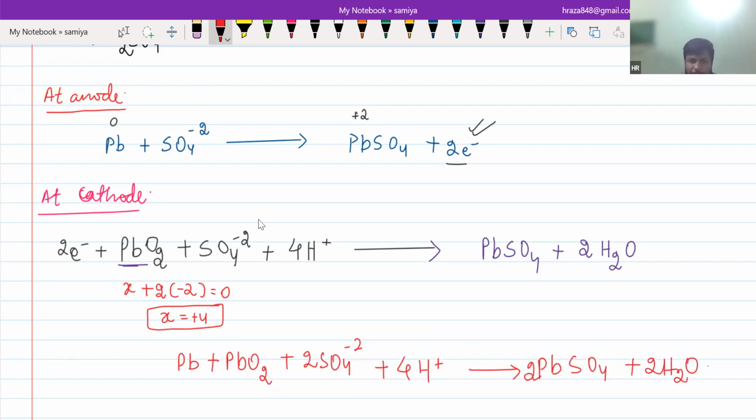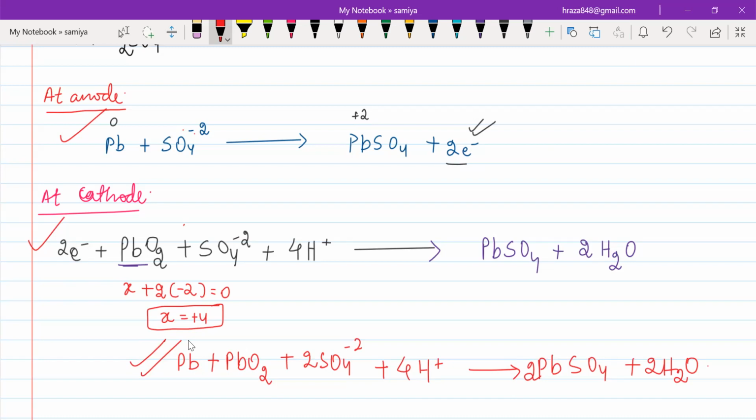What I just did, this is at the anode and this is at the cathode. After adding these, this is the net cell reaction. Yes or no? Yes, sir. This is the net cell reaction, so please write it. Then I'm going to write the charging and discharging.